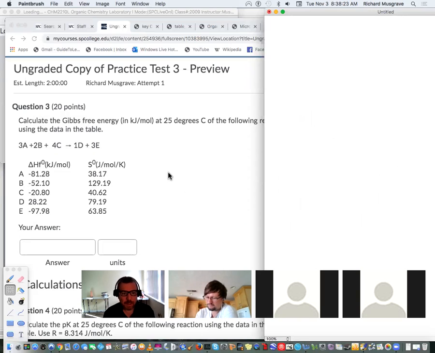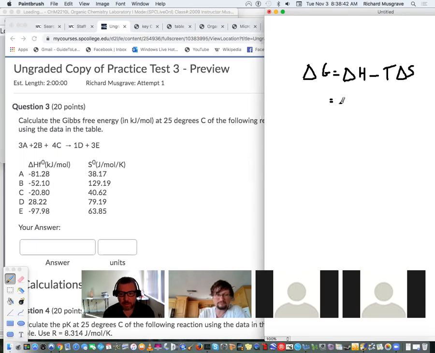Okay, number 3 is more a combination of what we just did. But when you get to the Gibbs free energy, it's going to be delta G equals delta H minus T delta S. And once you get a delta H value, it's going to be in kilojoules per mole.